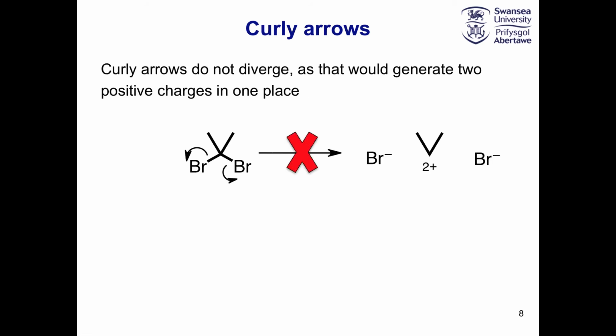Similarly, curly arrows never diverge from one another. So in this case, you would not get one curly arrow going to this bromine at the same time as another curly arrow goes to that bromine, because that would generate two bromide anions. The electrons flow towards that bromine and towards that one, and it would generate a double positive charge on this carbon. One positive charge on carbon is bad, two just is not going to happen in organic chemistry.